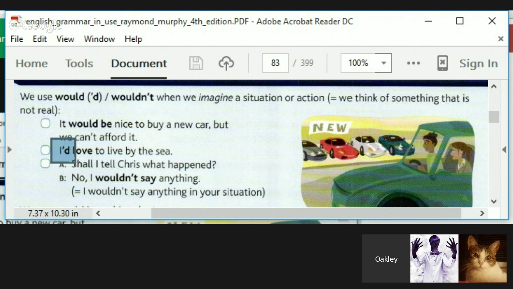So when you see the contracted form with the simple form, the base form, the infinitive form without to of the verb, you know it's would. When you see I'd or the contracted form with the past participle behind it, you know it's past perfect.